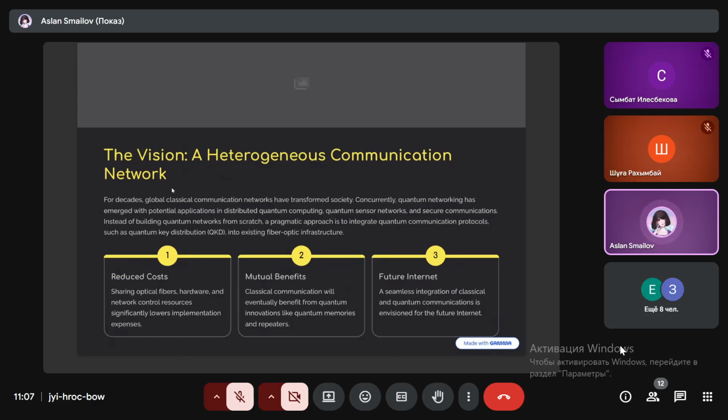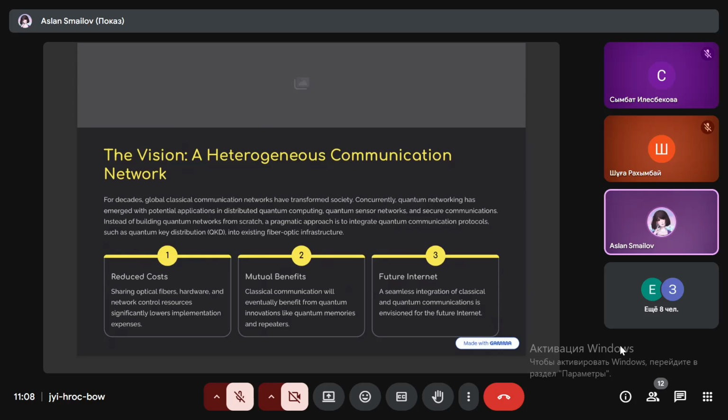This part of the text is about them. And what is QKD, the quantum key distribution, and what is the goal of this term? Okay, let me just read the first one. The reduced cost: sharing optical fibers, hardware, and network control resources significantly lowers expenses.